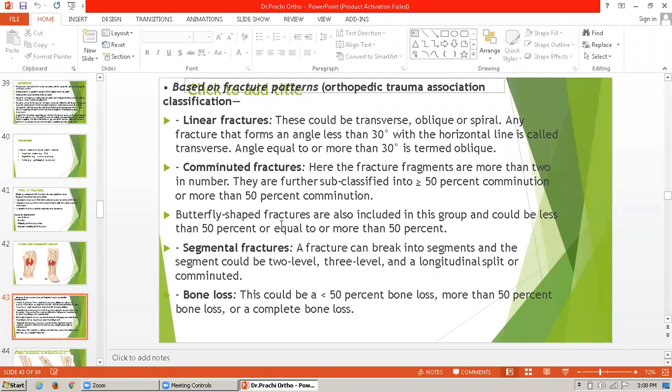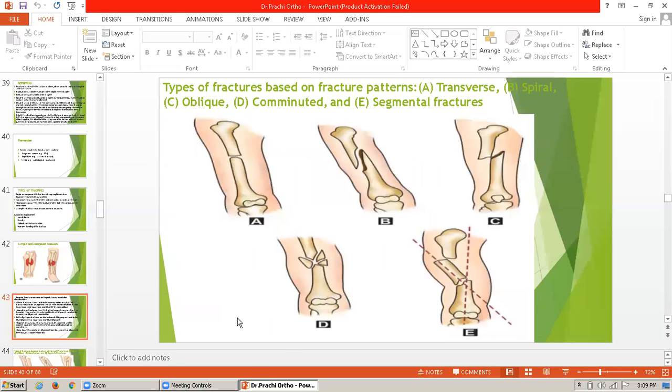There is also a butterfly-shaped fracture. A segmental fracture breaks into segments, which could be two level, three level, and a longitudinal split or comminuted. Bone loss could be less than 50%, more than 50%, or complete bone loss.